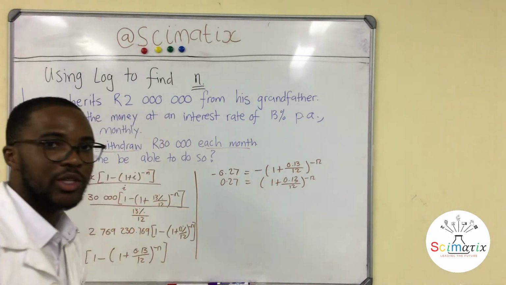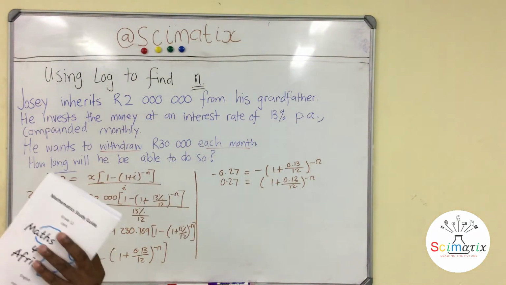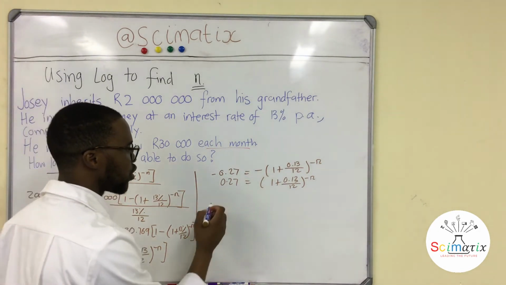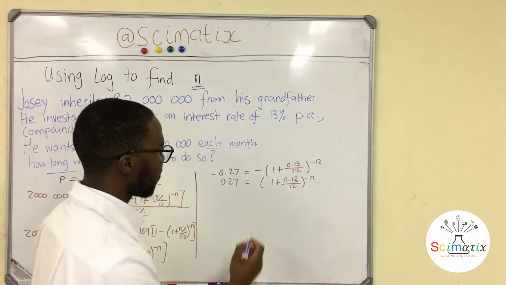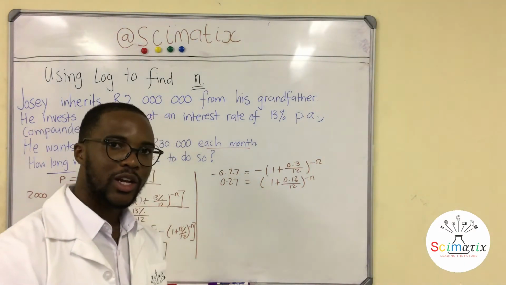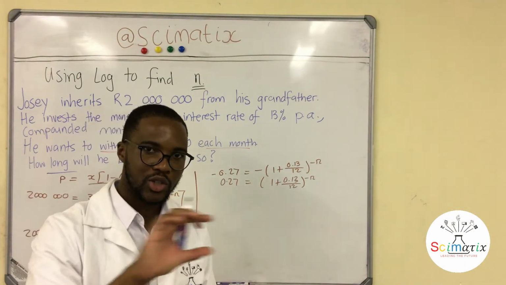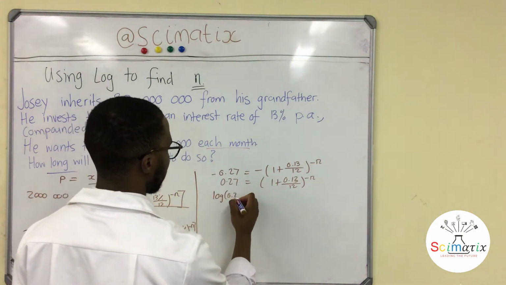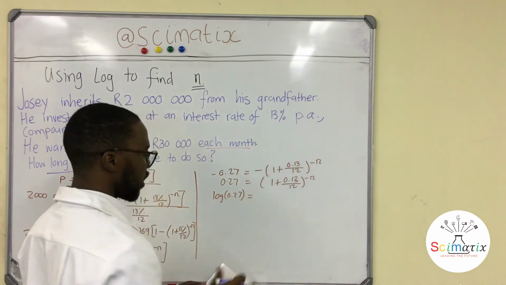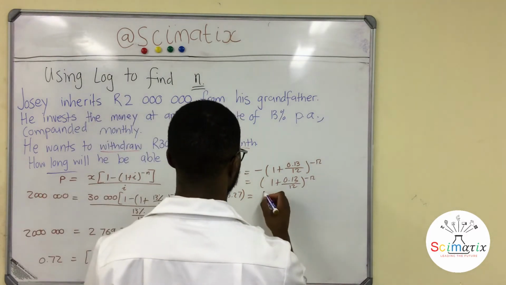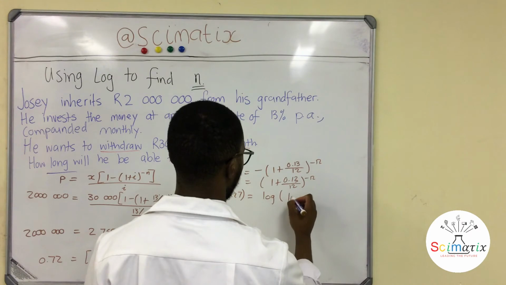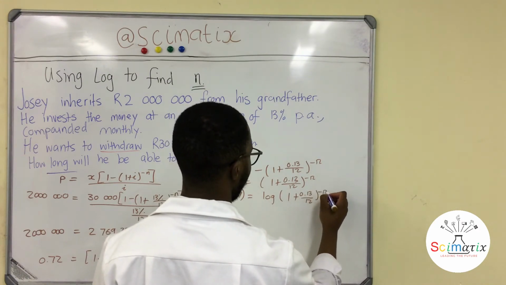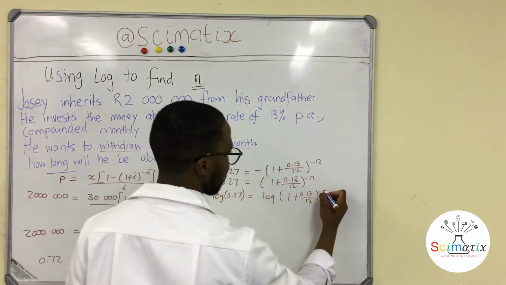At this point is when we introduce the log. Watch carefully. If we introduce log on both sides, remember that with an equation, what you do on the left, you do on the right, so that your equation is not changed. So we take the log of 0.27, and then we take the log of the right side, 1 plus... this is not a 12, it's an n.